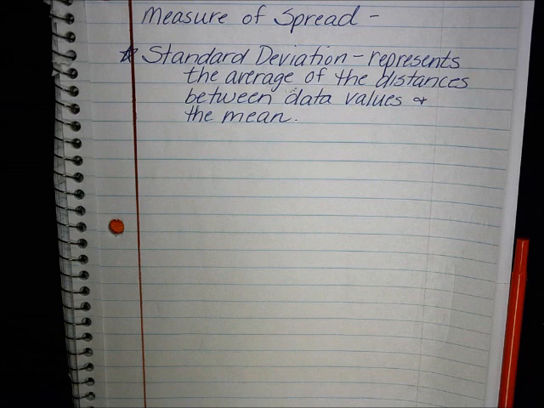It represents the average of the distances between data values and the mean.